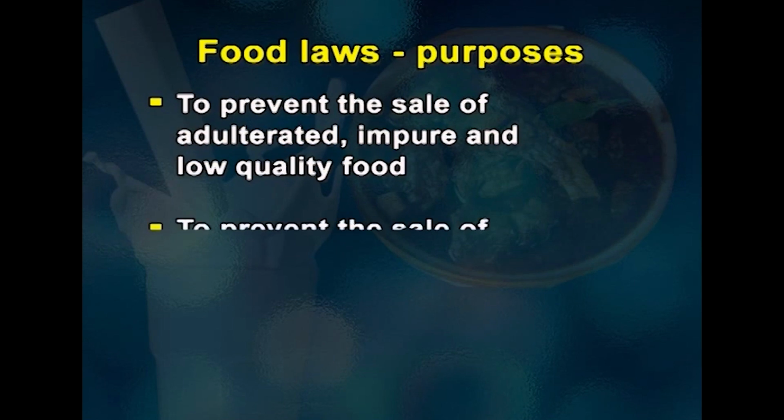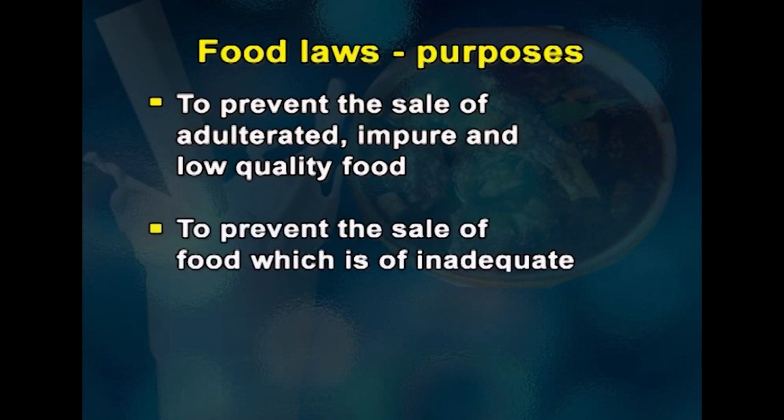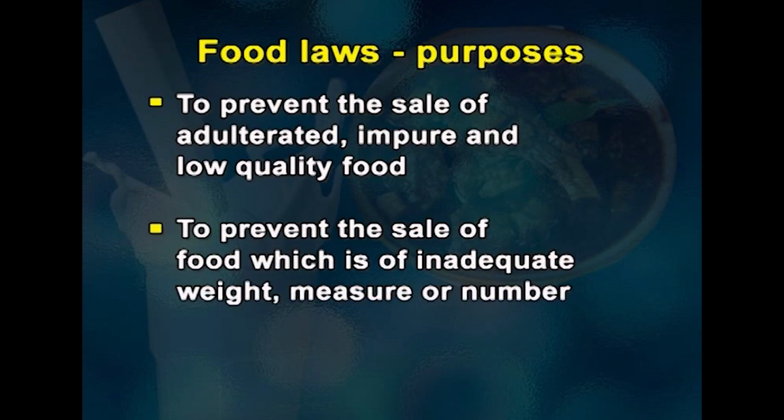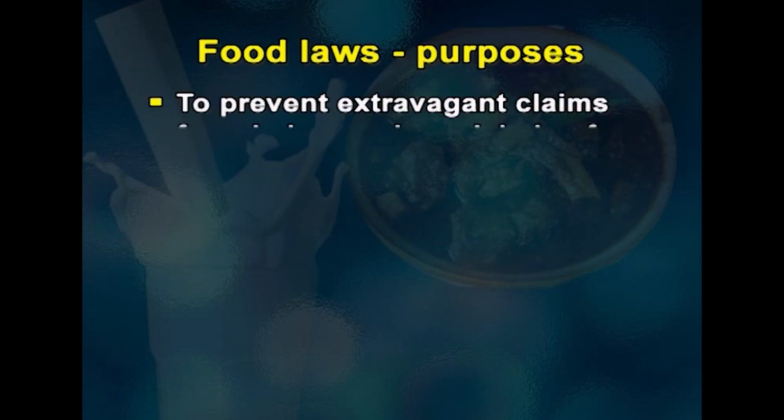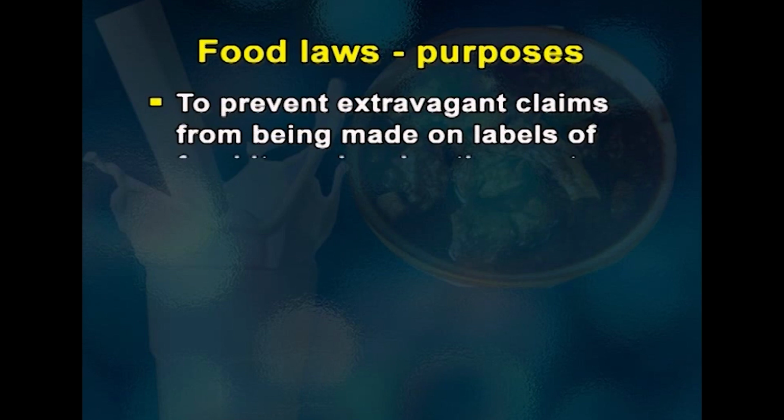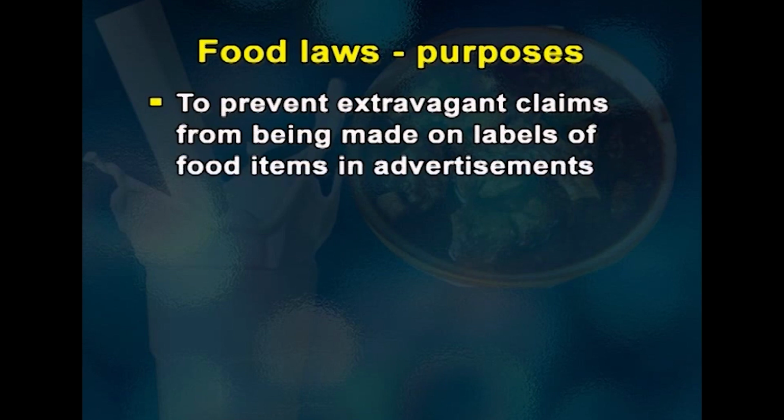Second, to prevent the sale of food which is of inadequate weight, measure or number. Then third, to prevent extravagant claims from being made on labels of food items and in advertisements.